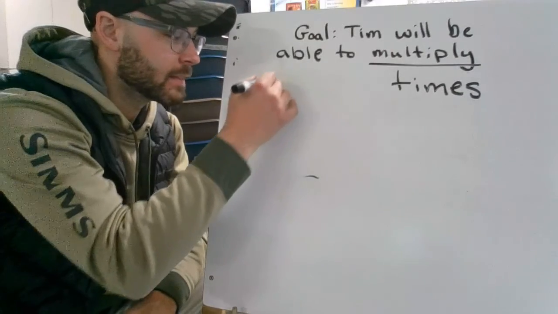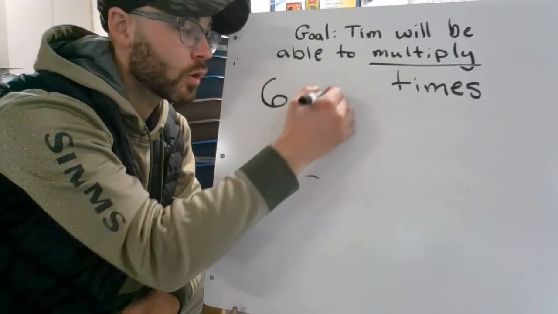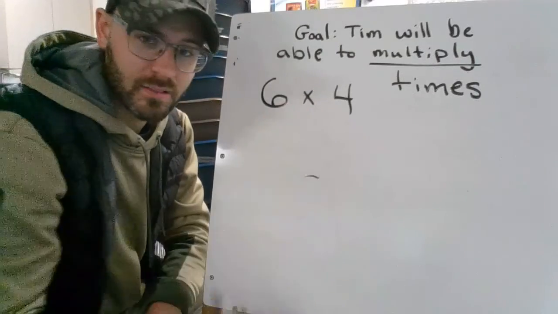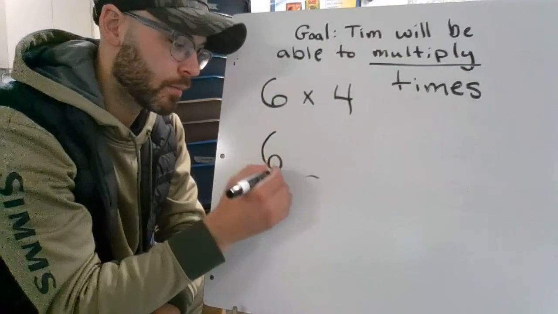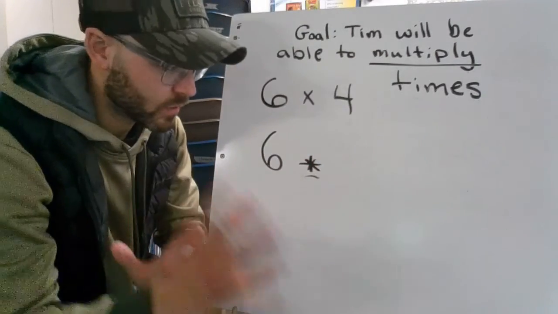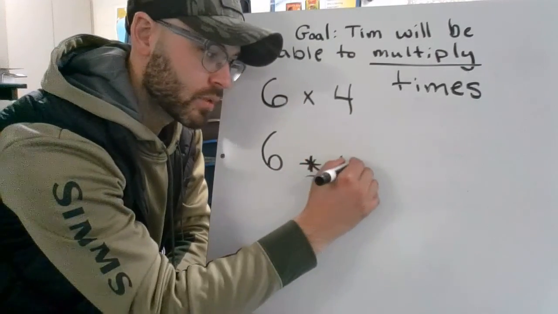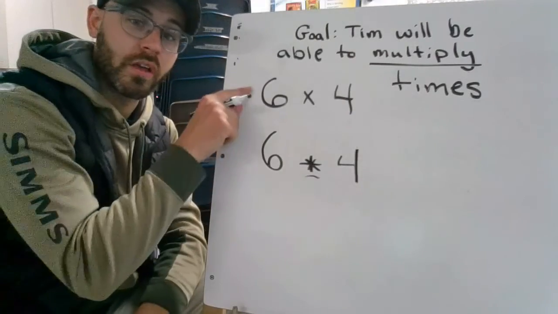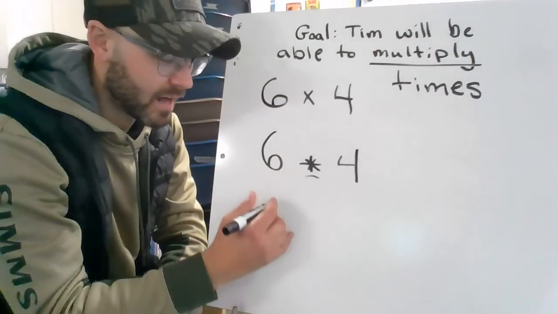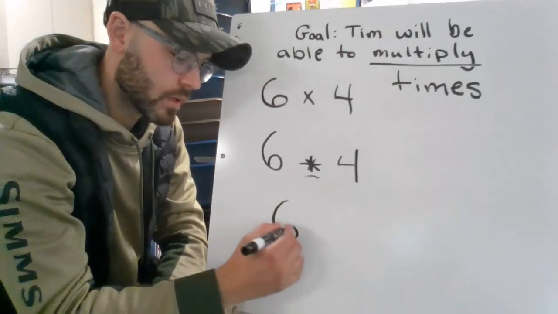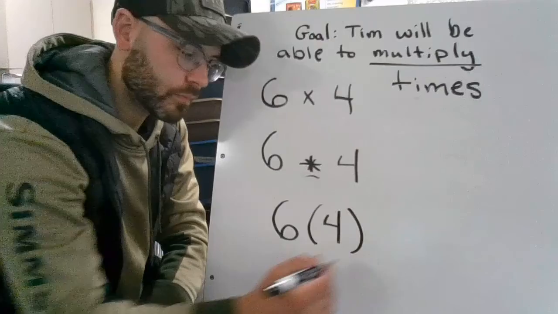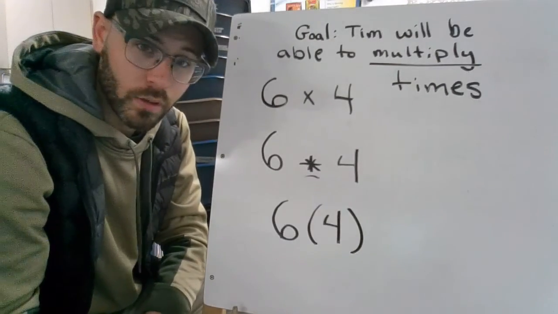For example, you might see 6 times or multiplied by 4, like an X. You might see the same problem, 6, and this little star type thing, it's called an asterisk, and 6 times 4. Those 2 things say the same thing, even though they use a different symbol. Finally, you might also see 6, and they use this bracket looking thing, 6 times 4.